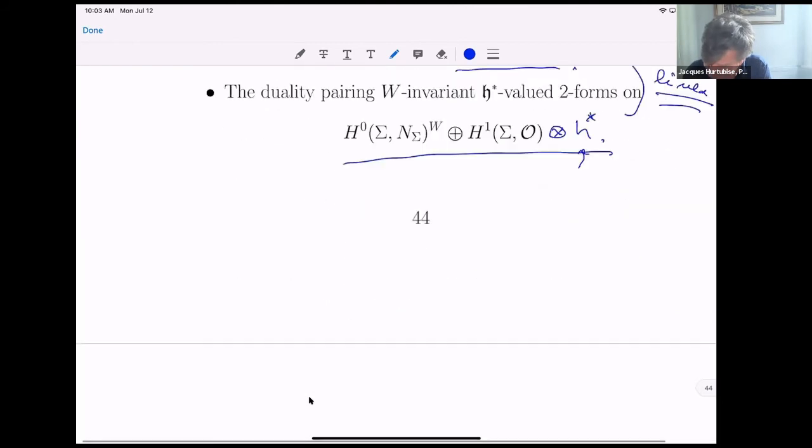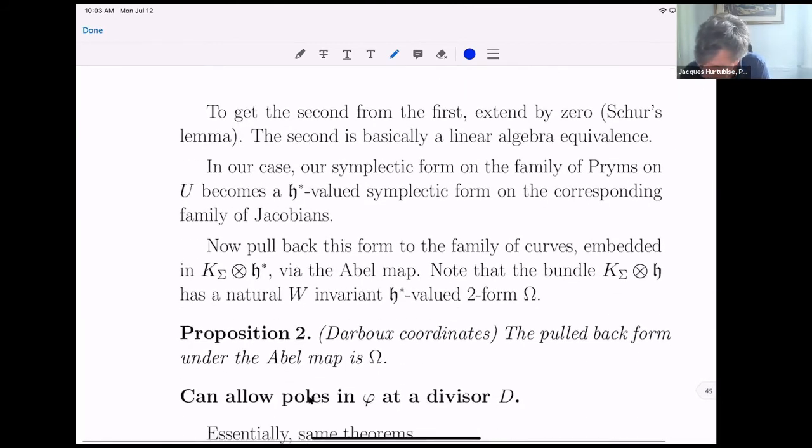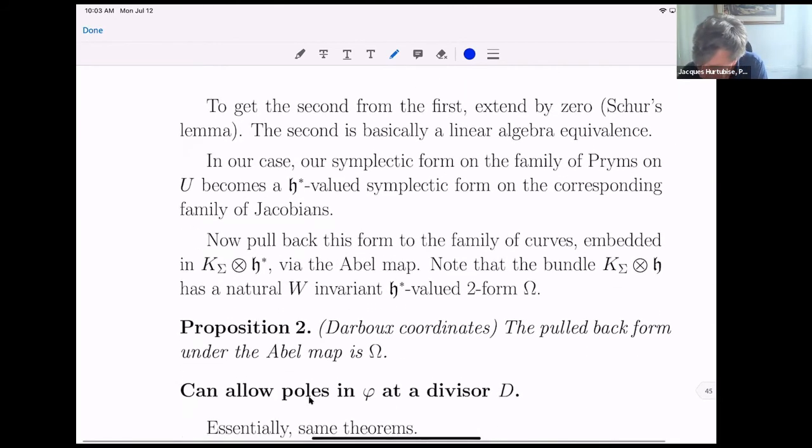Okay. So our symplectic form on the family of Pryms becomes an H star valued symplectic form on the family of Jacobians. And now you can pull this back to the family of curves embedded in this thing via the Abel map.